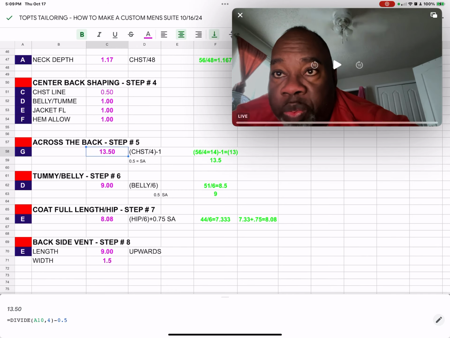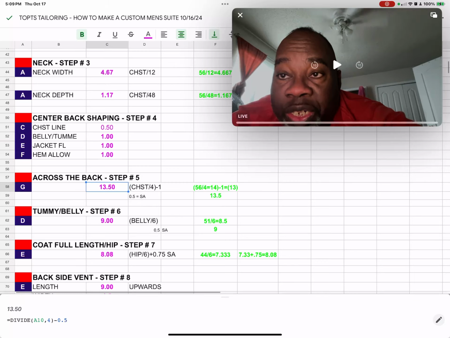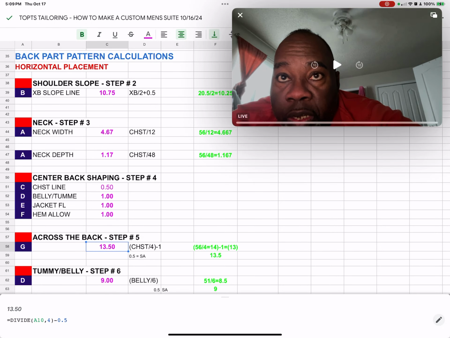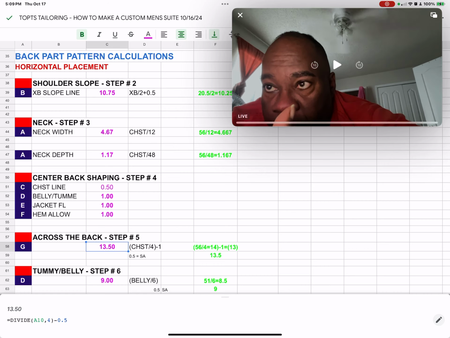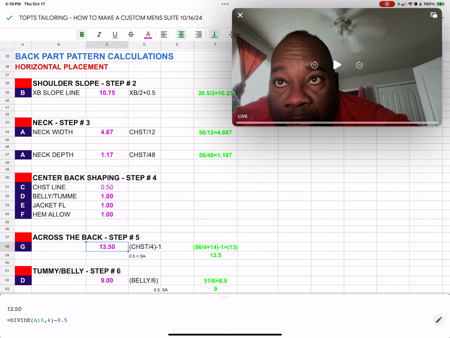But I just wanted you to see here that the across the back is 3 inches longer than the shoulder slope. You had demonstrated in yours that your two measurements were about 8 and they cross-checked. Are you telling me that because I have a 3-inch difference, this is not right?